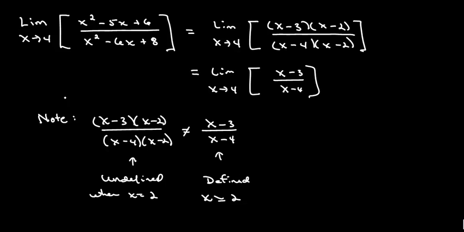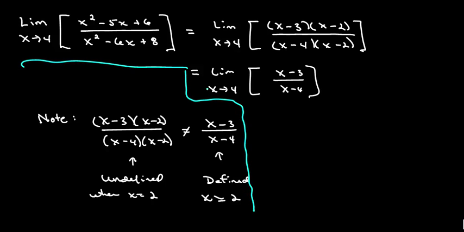So this is the big idea. This one is not equal to this one. However, that's really irrelevant, and here's why. When we're looking at the limit, we're looking at the x values that are close to 4, not the ones actually at 4. Let me say this: exactly what I said is true, this one is not equal to this one, but they are equal to each other when x is not 2.